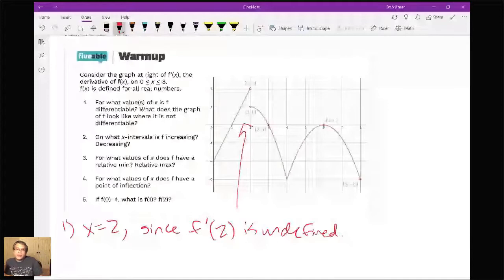A lot of people are saying x equals 4. And I have a question. If I asked you to look at this graph and tell me what f prime of 4 was, what would you tell me it was? Let me move the chat over so I can see it.